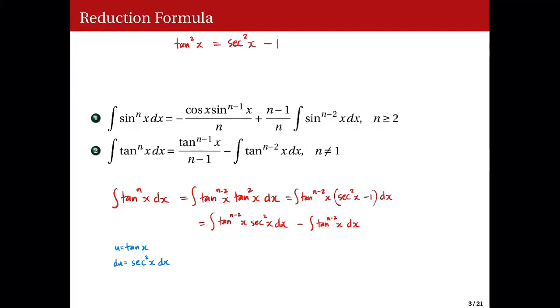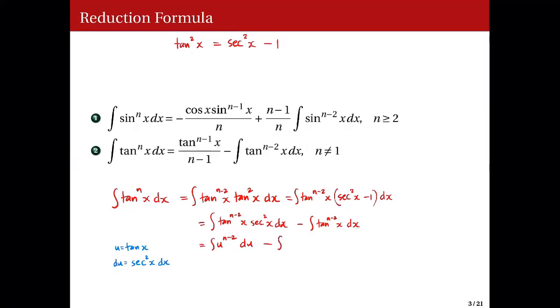So that secant squared x dx will become du, and tangent raised to n minus 2 x just becomes u raised to n minus 2. So you will have the integral of u raised to n minus 2 du.